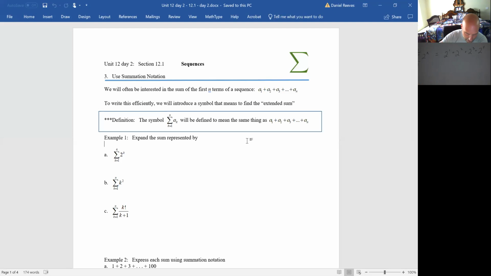We can do the same thing again with this next one, although we can't be as specific. We're starting again at k equals 1. We don't have to start at k equals 1. We are ending ambiguously at n, and this time we're doing k squared.